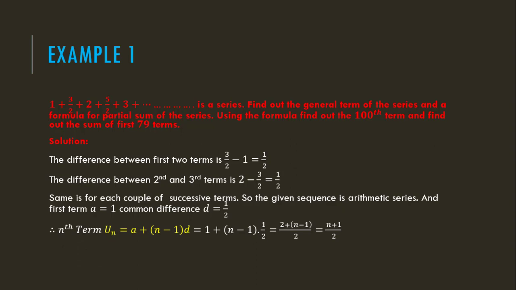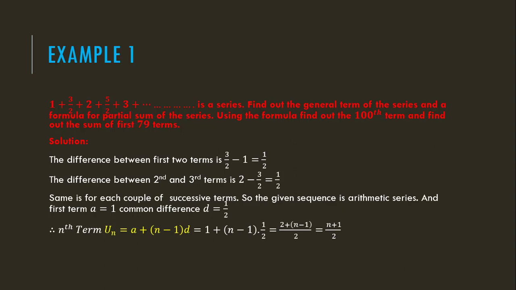Now the nth term un equals a plus (n minus 1) into d, which is equal to 1 plus (n minus 1) into half. Here we have put in the values of a and d, and by calculation we get the final result n plus 1 by 2. So un equals (n plus 1) by 2.